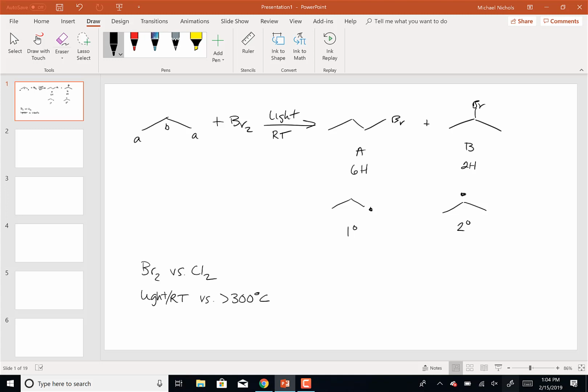So if I did this reaction, I could determine by the percentage of the major product, or the percentage of the products, how quickly one radical is formed over another if I do one thing, and that is to factor out the number of hydrogens that are for each product.